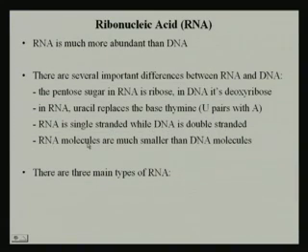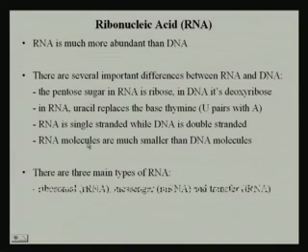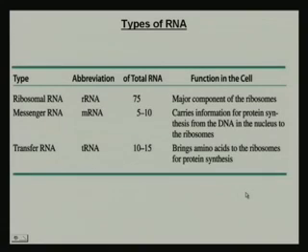RNA molecules are much smaller than DNA molecules. If we categorize RNA, we can differentiate it as ribosomal RNA or rRNA, messenger RNA or mRNA, and transfer RNA or tRNA.